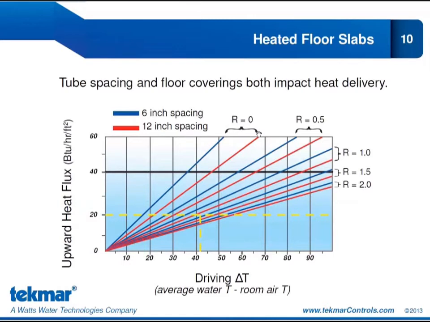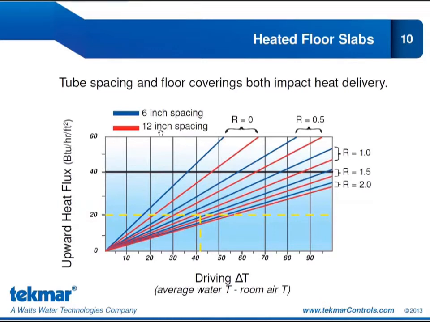So that would just be if we're painting our slab and not installing any floor coverings. We're moving up to an R value of 0.5 and increasing all the way to an R value of 2. Now the blue line represents 6-inch spacing between our radiant tubes, and the red line represents 12-inch spacing.